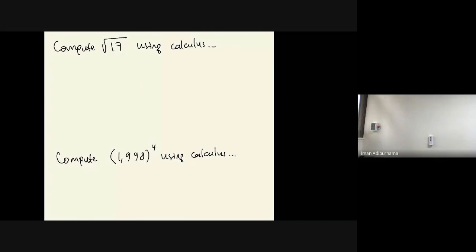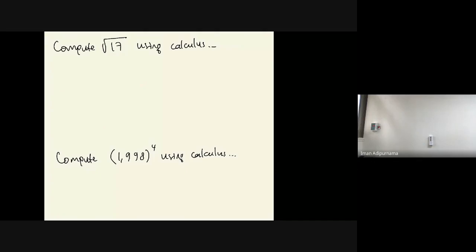So square root of 17. To begin with, look for the close number that when you take the square root, you can get the result easily. And this is also the same, 1.998.